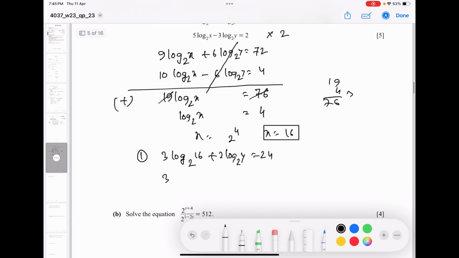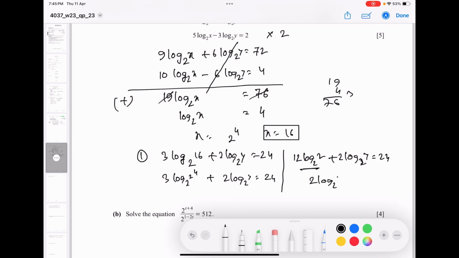Now 3 log base 2 of 16, we can write 2 to the power 4. Then 3 4s are 12 log base 2 of 2 plus 2 log base 2 of y equals 24, and log 2 base 2 is 1, so this becomes 12, and 12 goes to that side. 24 subtract 12, we can write 12.